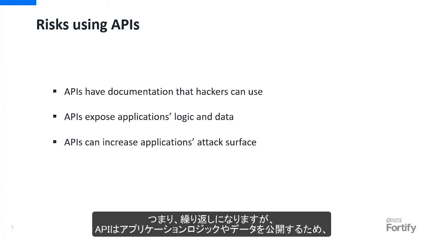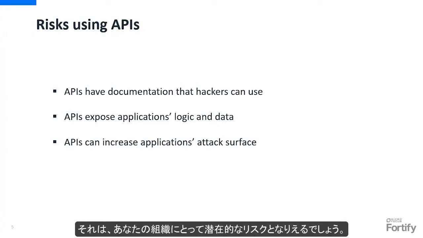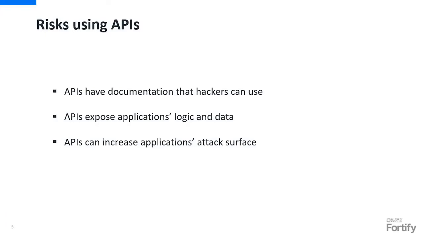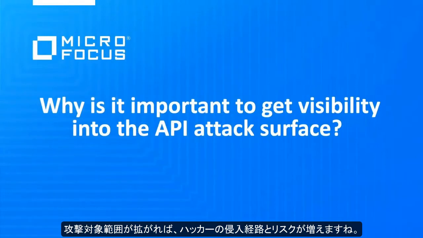APIs expose application logic and data, providing access to multiple sources of potentially sensitive data and mission-critical services. That's a risk to you and your organization, and it can greatly increase the attack surface of your applications. When you have a wider attack surface, that creates more avenues for hackers and more risk.